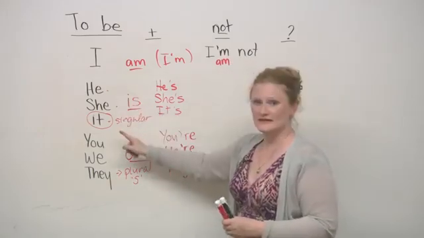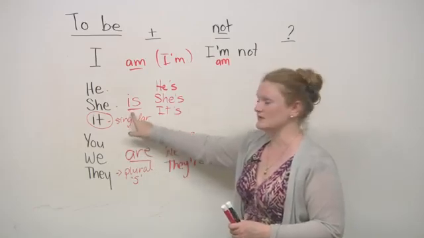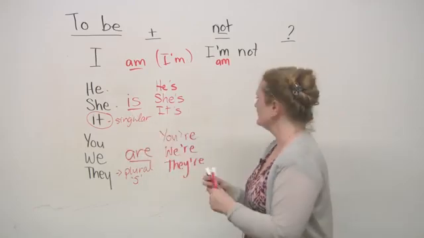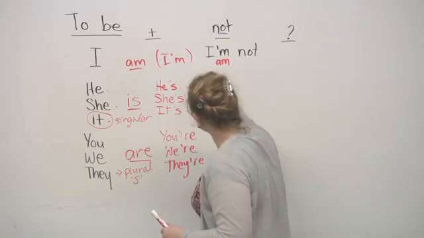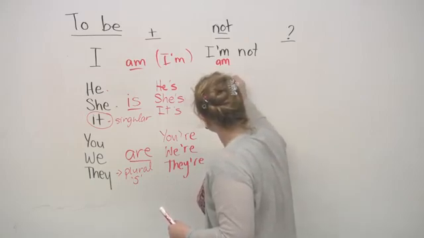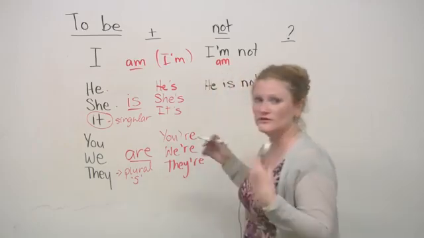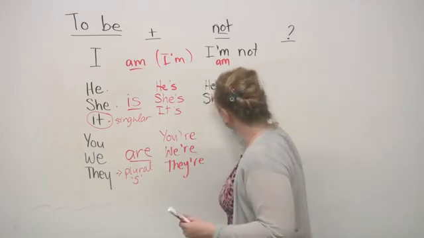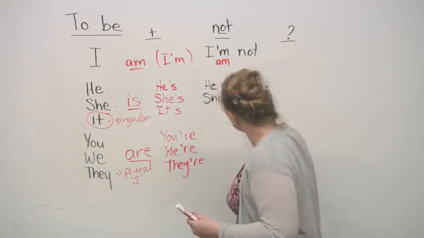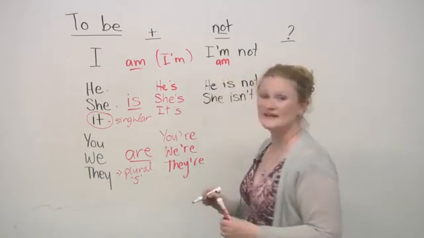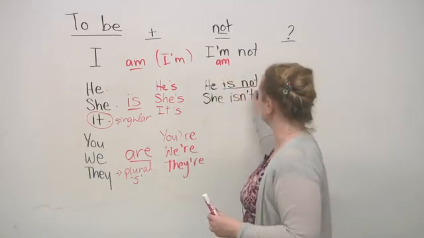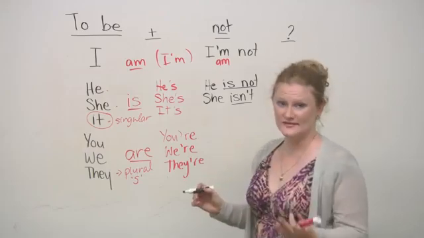For he, she, and it, all we're doing is adding not with is. So I'm going to write he is not, or you can say, she isn't. These two are exactly the same.